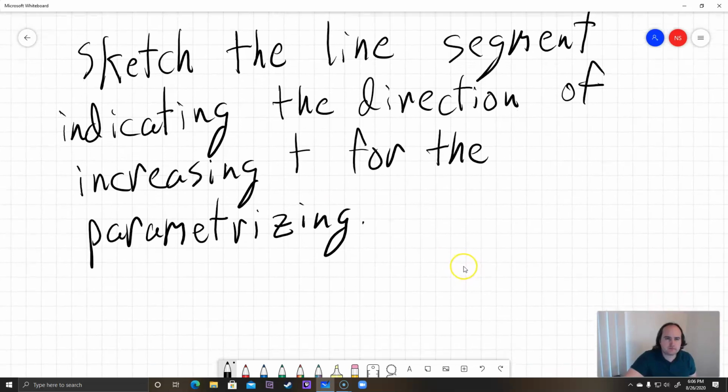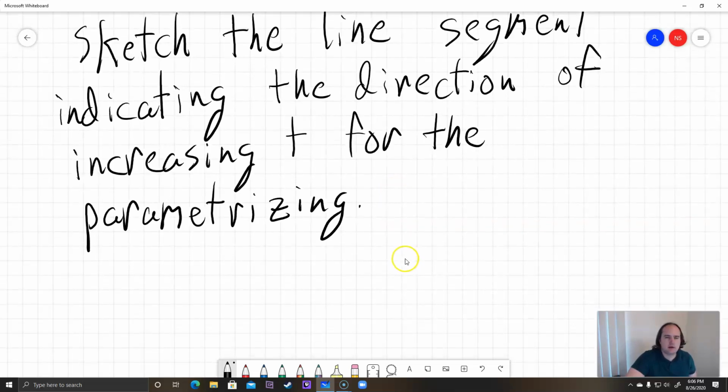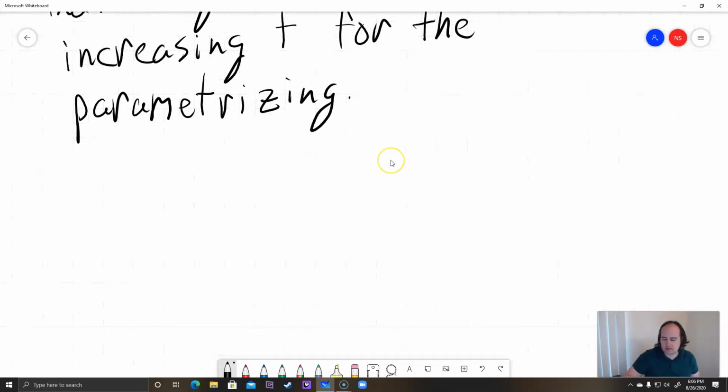Now, probably the easiest way to do this is to not worry so much about the parameterization as just the original points that they gave us. And this is just going to be a sketch. It doesn't have to be perfect. You just need to get the rough idea down so that you have basically the right picture for your sketch.